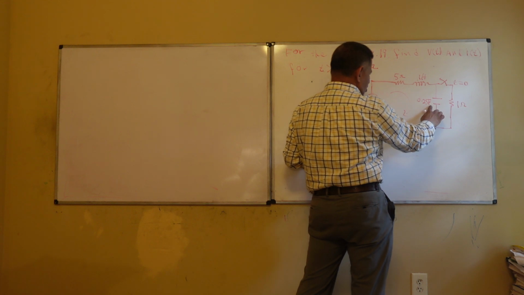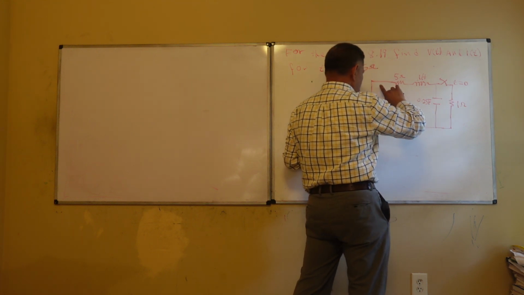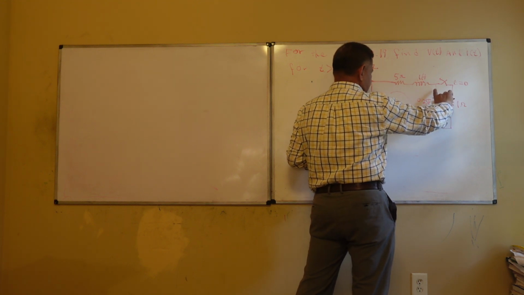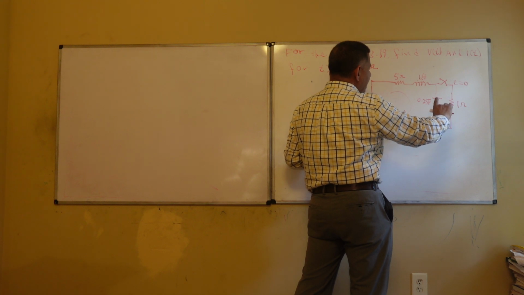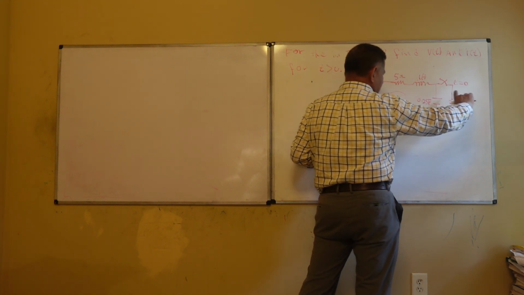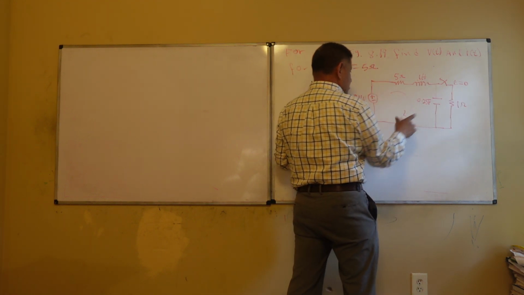If it's a DC source, we assume the capacitor is open and the voltage is across the capacitor. In an AC source, it's a totally different thing. But right now we're dealing with the whole system, not only this case.